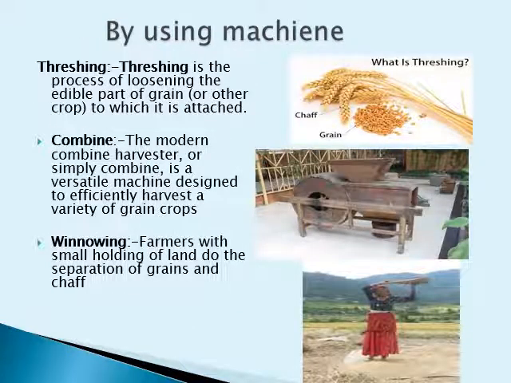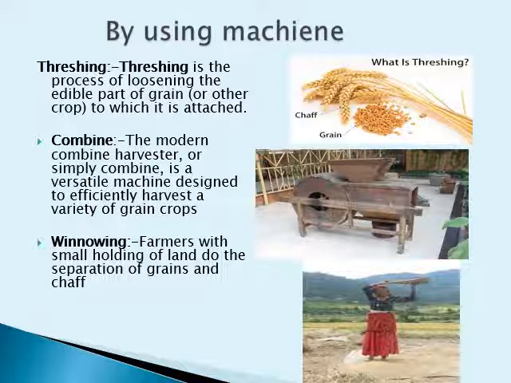Now, what is threshing? Threshing is a process of loosening the edible part of grain to which it is attached. Threshing may be done by beating the grain using a flail on a threshing floor, and even the traditional methods are being used for removing the edible part of the grain.